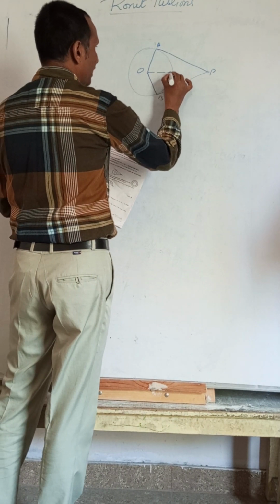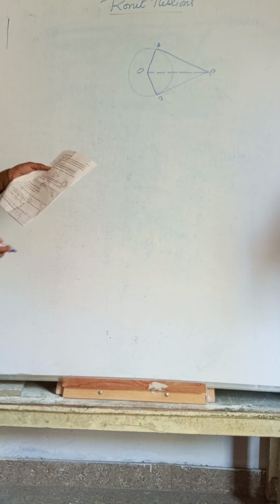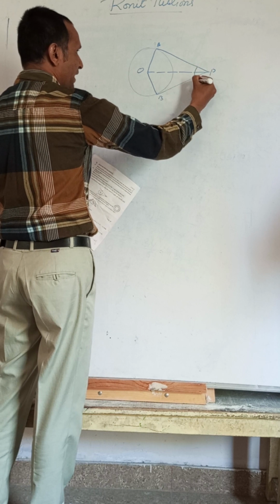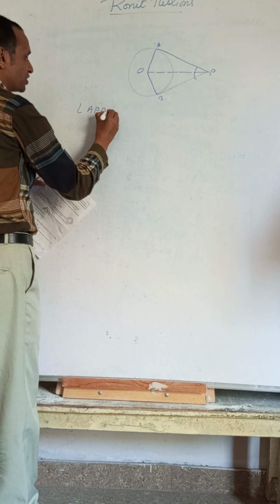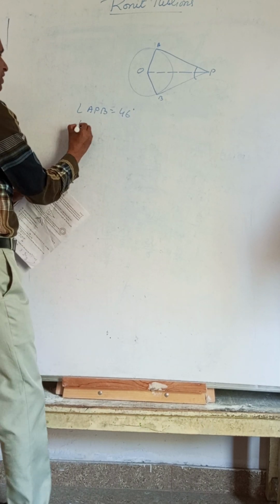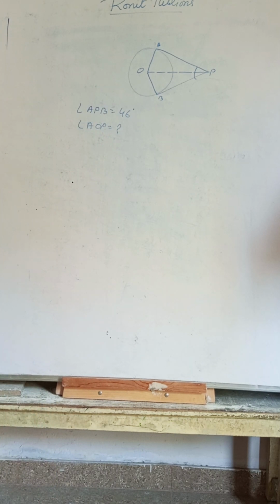The bisector of angle P is also drawn. Angle APB is given as 46 degrees. Then we are asked to find the angle AOP.